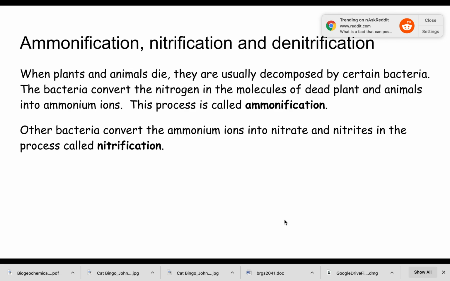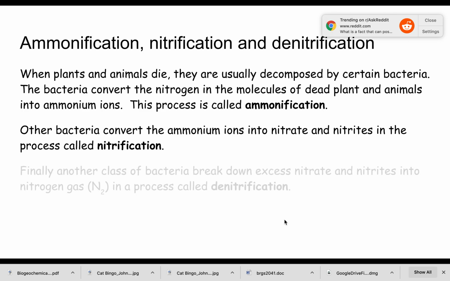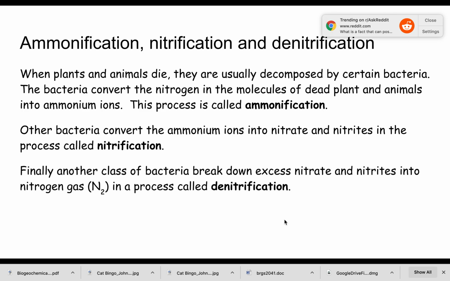The nitrites will be used by the plants, and the nitrates and the rest of the stuff will get broken down by another type of bacteria back into nitrogen gas. And this is a process called denitrification. So ammonification, nitrification, and denitrification are all parts of the nitrogen cycle that are occurring because of bacteria. And that completes the nitrogen cycle.